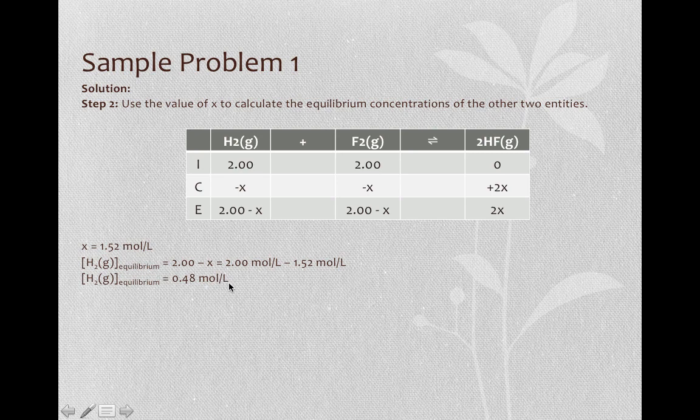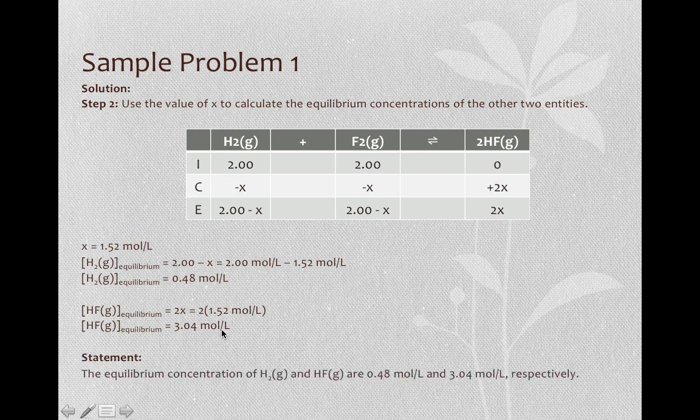We can do the exact same thing for HF. We know at equilibrium, the concentration of HF is 2x. So I can plug in my value for x, which was 1.52. So the concentration of HF at equilibrium is 2 times 1.52, which is 3.04 moles per liter.